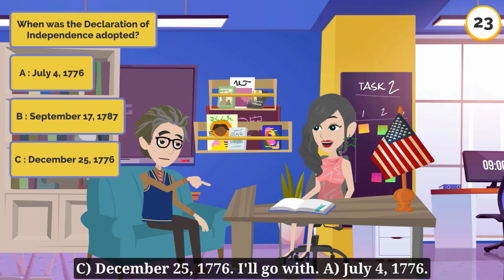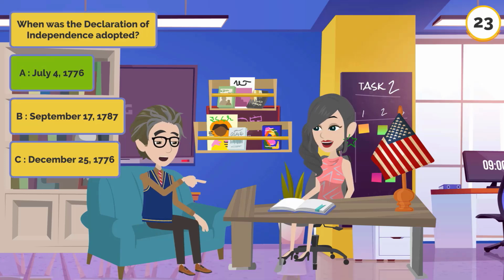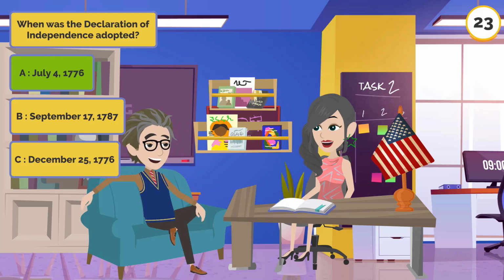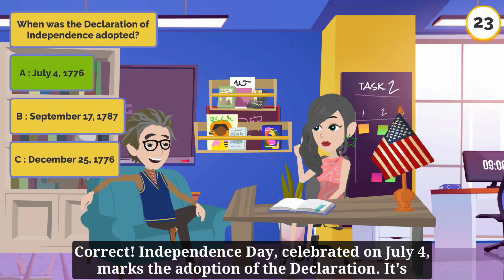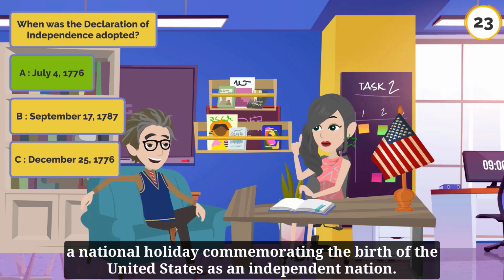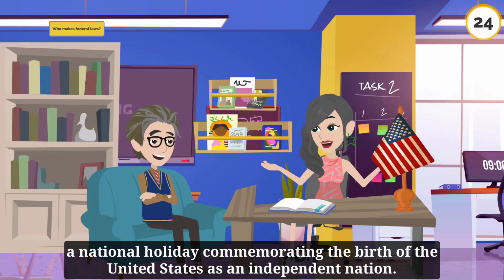I'll go with A. July 4th, 1776. Correct. Independence Day, celebrated on July 4th, marks the adoption of the Declaration. It's a national holiday commemorating the birth of the United States as an independent nation.